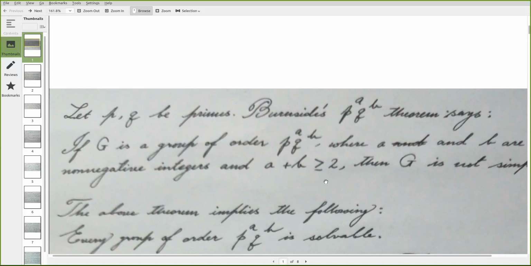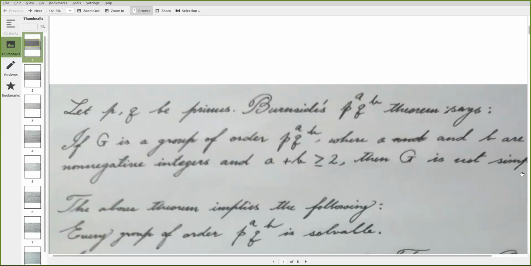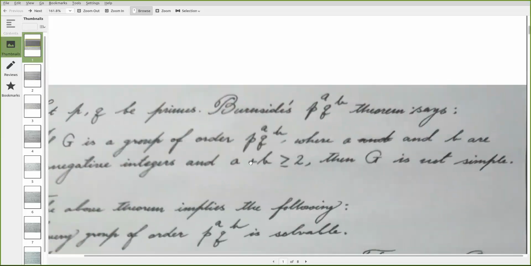In fact, this condition has to be there, because otherwise, if a is 1 and b is 0, then the group has some prime order, so it has to be simple. So this cannot be true if one of them is 0, or if a plus b is less than or equal to 1. So this condition is important.